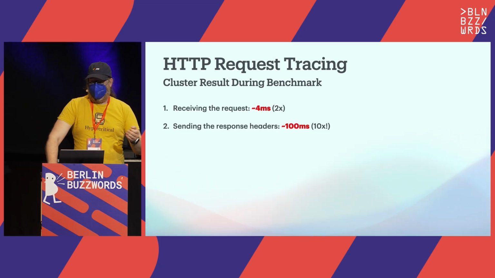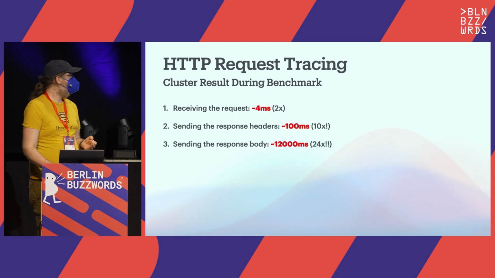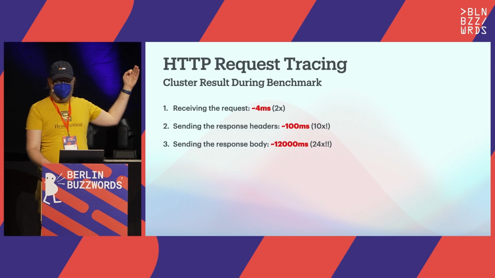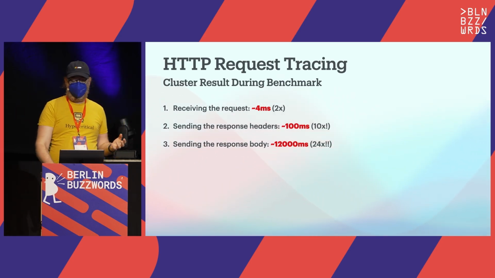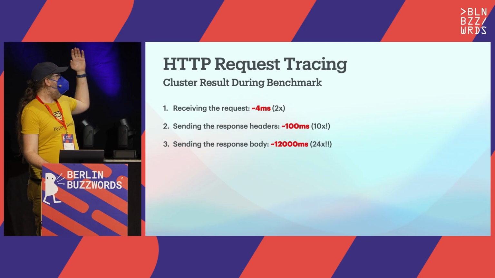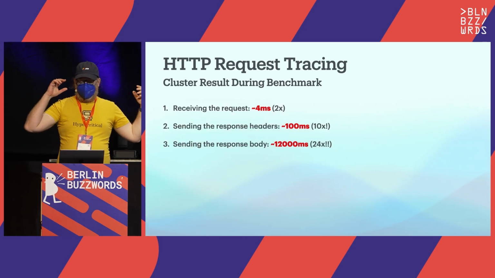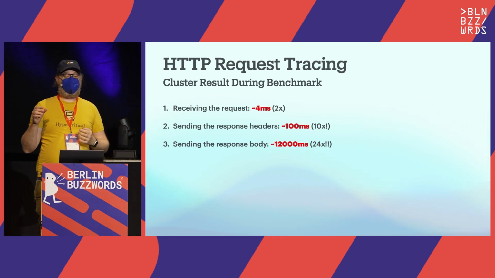And then sending the response body back took 1.2 seconds, a 24x slowdown. We were somewhat expecting the response body to be slow because that was easily observable, but we saw that sending response headers was already 10x slower, and we did not expect that.